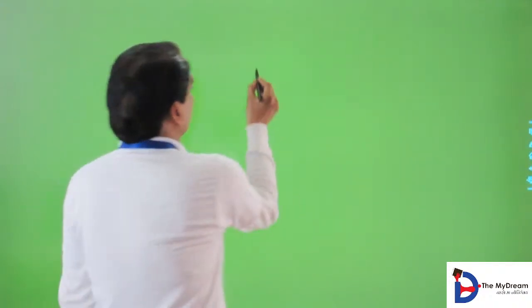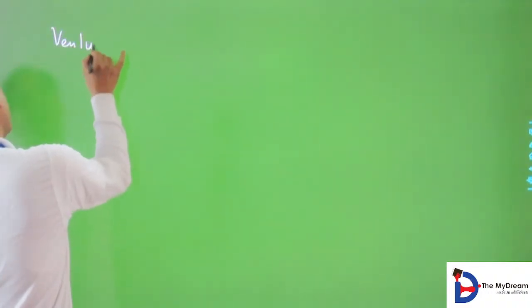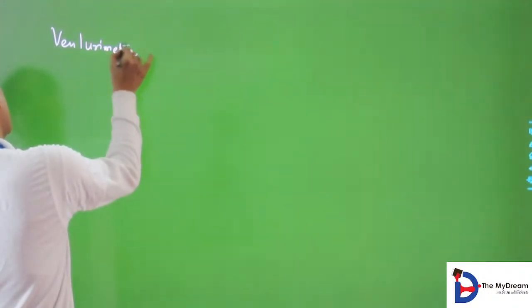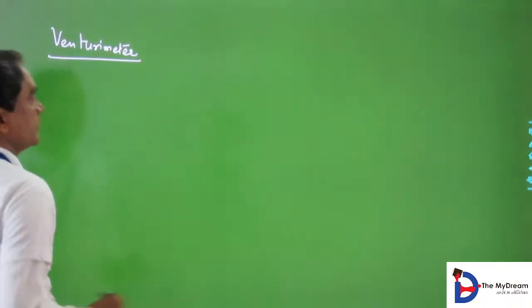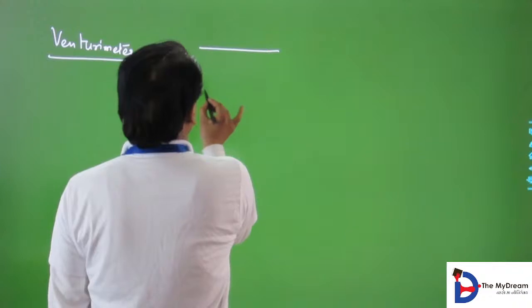Now we are talking about the application of Bernoulli theorem, by which we can discuss the rate of flow. It is an instrument by which we can measure the rate of flow, that is the Venturi meter. This is a tube.